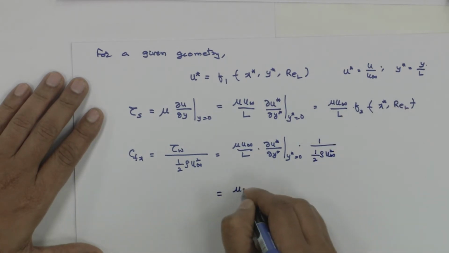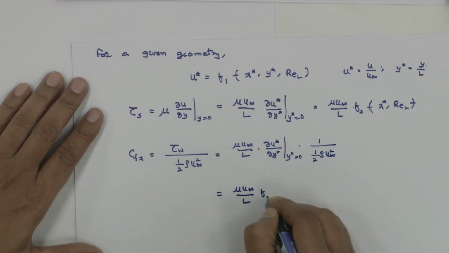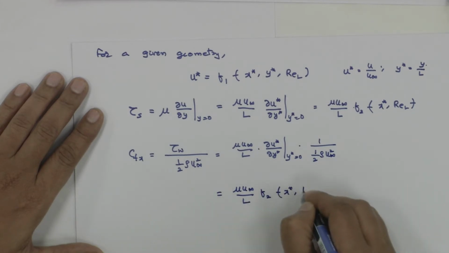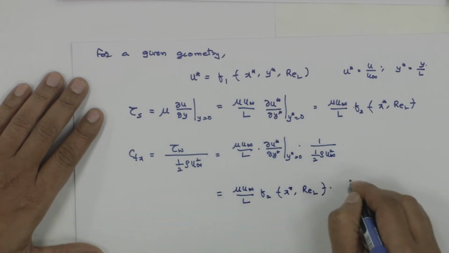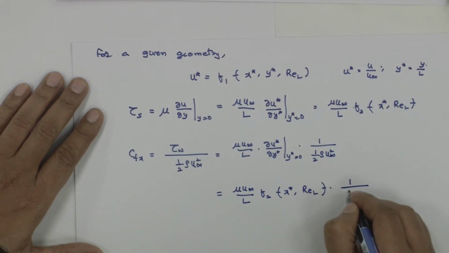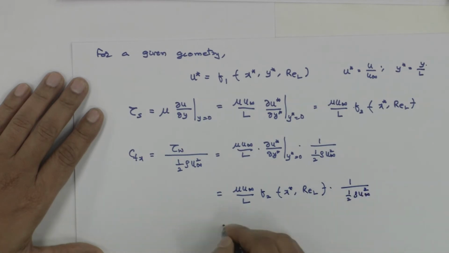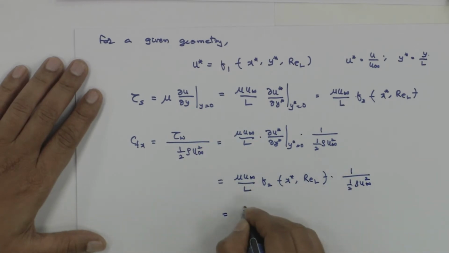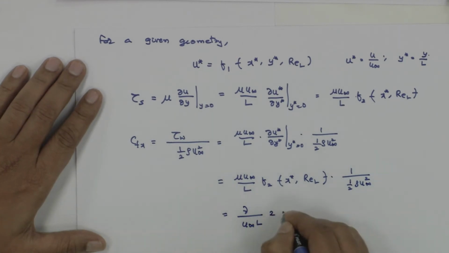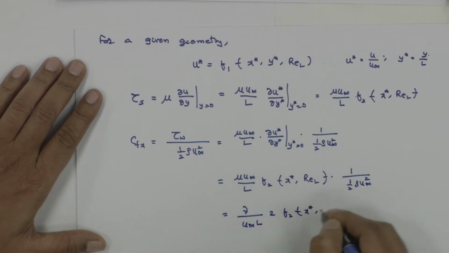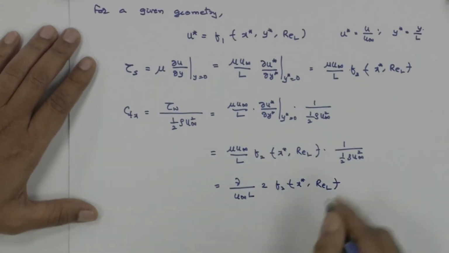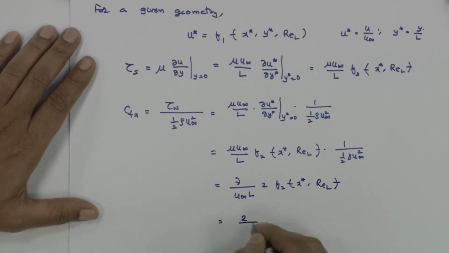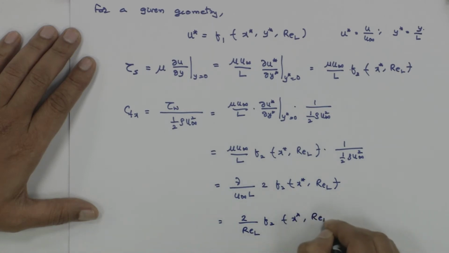So, that is mu U infinity upon L, function F2 of X star comma REL, into 1 upon half rho U infinity square. So, what is that? I am going to get this as mu by rho, which is nu, upon U infinity L into 2 F2 of X star comma REL. So, this is nothing but 2 upon REL, F2, a function of X star comma REL.